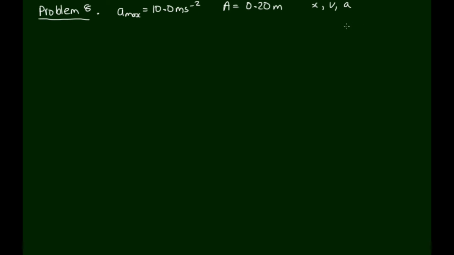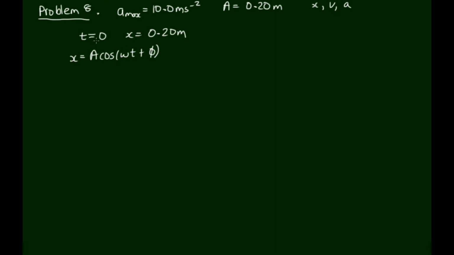And we're told that it starts from its maximum displacement above its equilibrium point. So we know that at t equals 0, x is equal to 0.20 meters, the amplitude, which is the maximum displacement. Okay, so we know for simple harmonic motion, x is equal to a cos omega t plus phi.